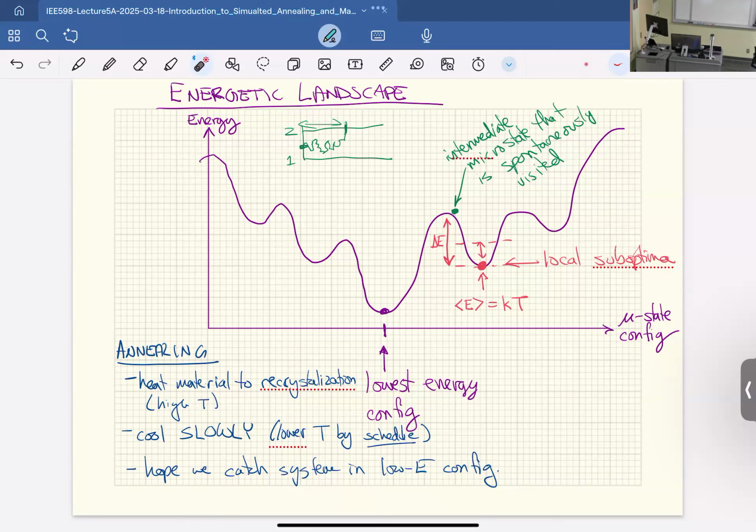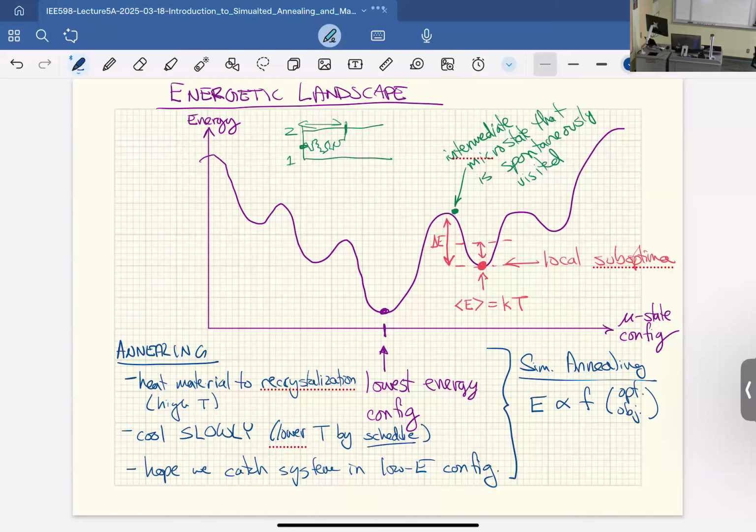Questions about that? And that's what we're going to simulate in order to build an optimizer. So I'll maybe add over here, for simulated annealing, we're going to make our energy function proportional to F, which will be an optimization objective.